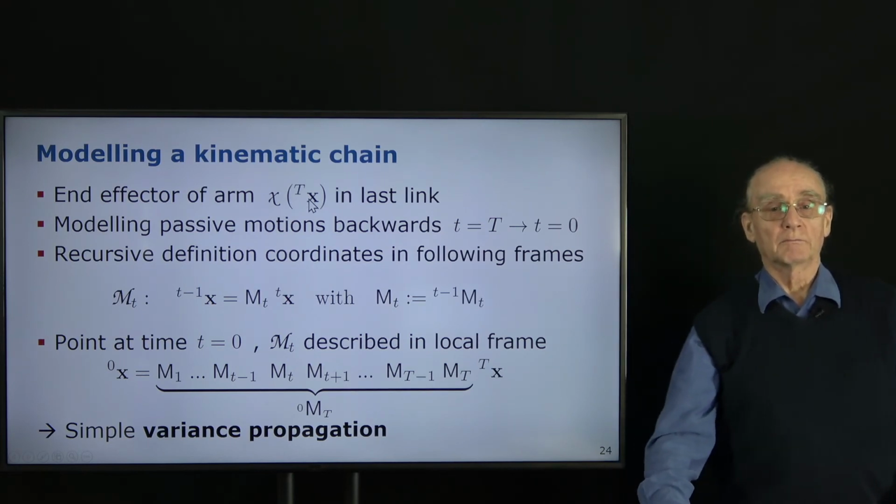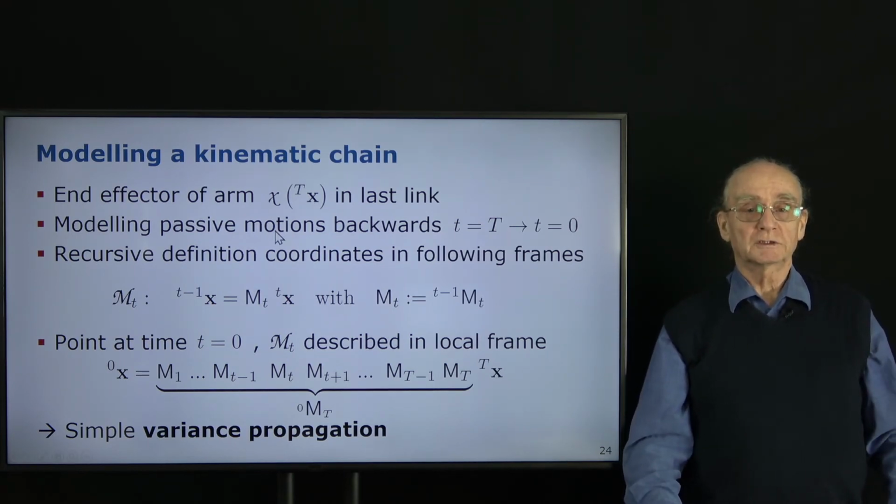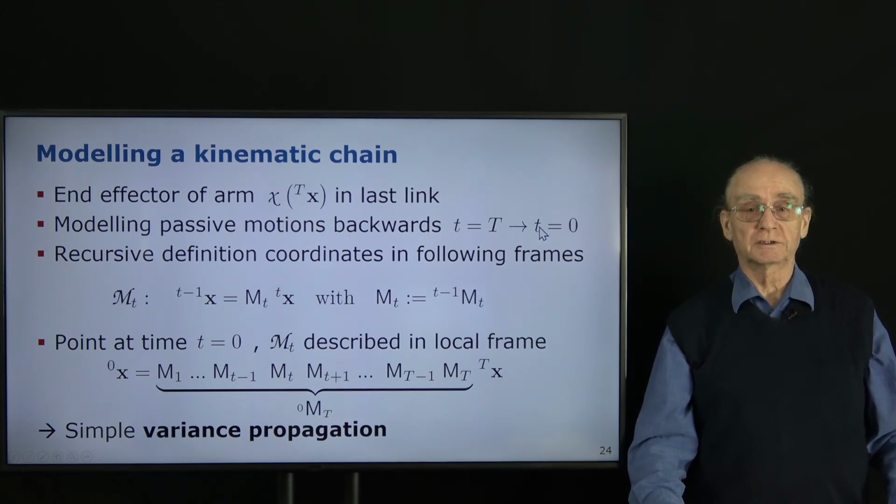And now we model the motions backwards from t equals capital T to t equals 0. And that means we have a recursive definition of the coordinates in the following frames. So we have the coordinates in frame t, multiply with the corresponding motion matrix, and get the coordinates of the same point in the previous frame.